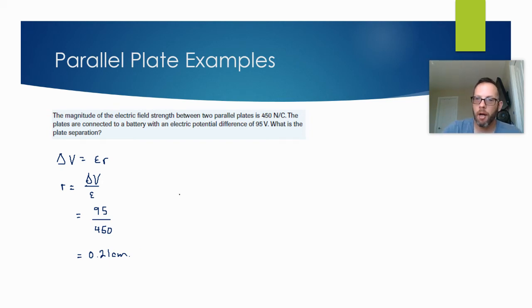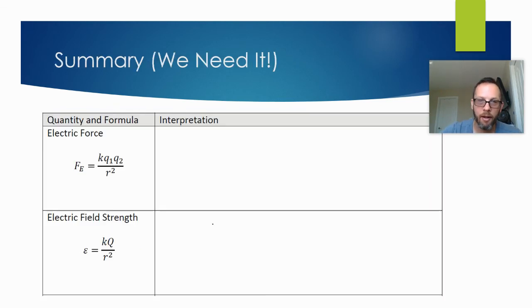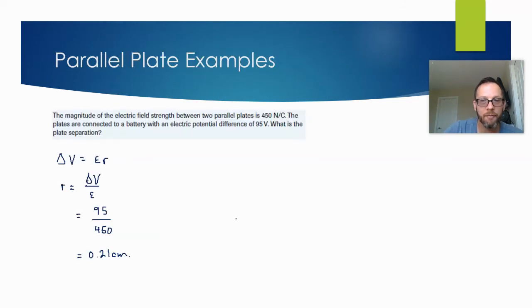All right. We've done a lot of heavy lifting here, and that's going to allow us to analyze some pretty cool things. And I can tell you that having done the heavy lifting, the hard part's over, and we just get to apply. Specifically, we're going to look at some parallel plate stuff where this idea is going to be really helpful to us. But yeah, the heavy lifting is done.